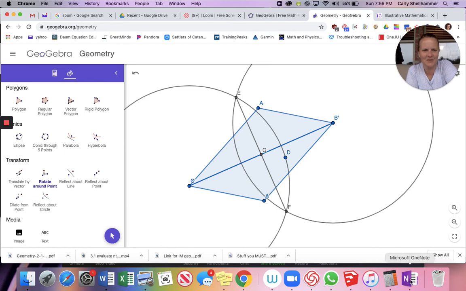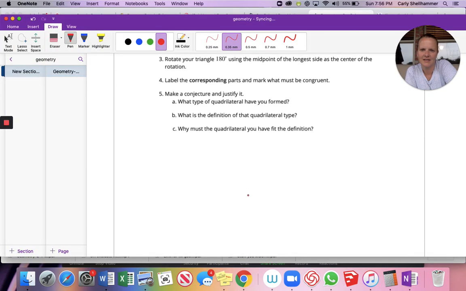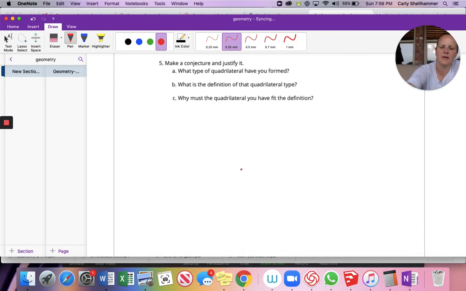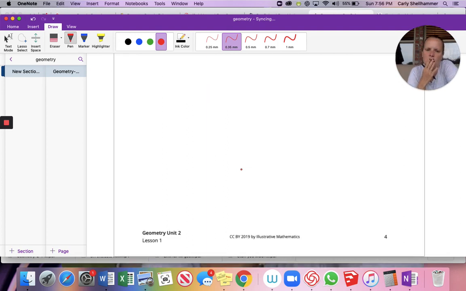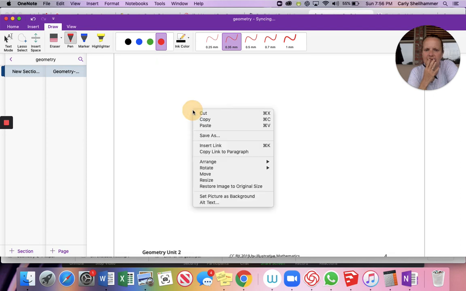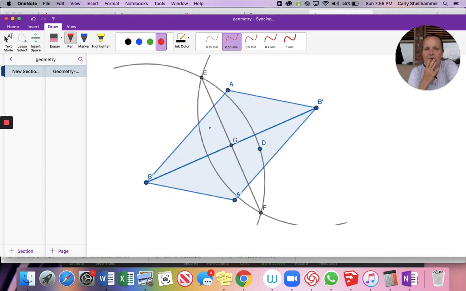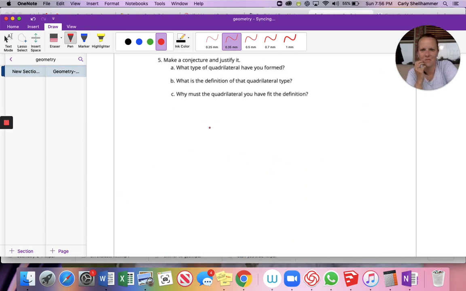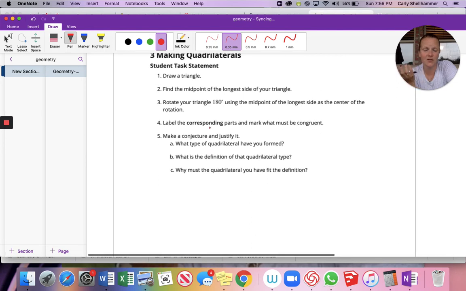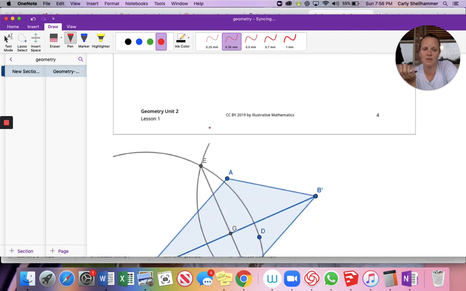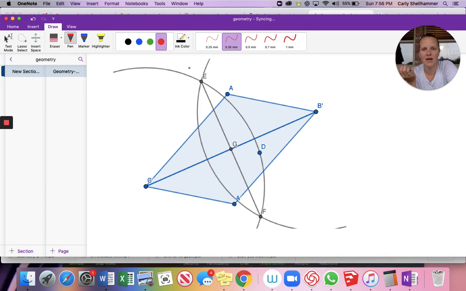All right, I'm going to go over to OneNote and see if I can paste it in here. It doesn't like that, does it? There we go. All right. So here are the instructions still. Label the corresponding parts. So I'm going to label the corresponding parts.